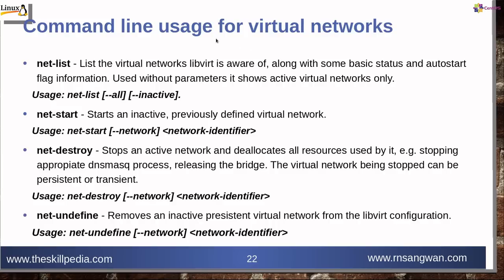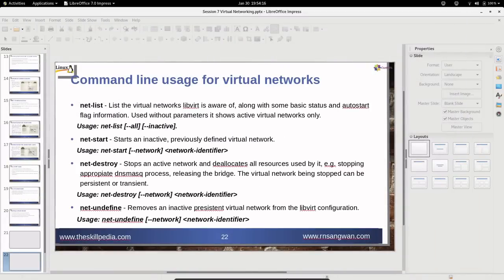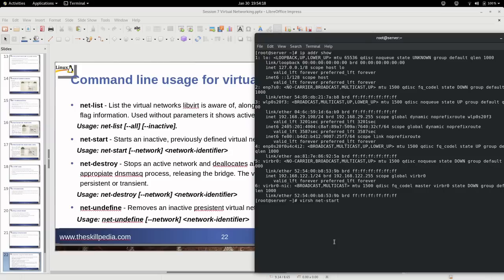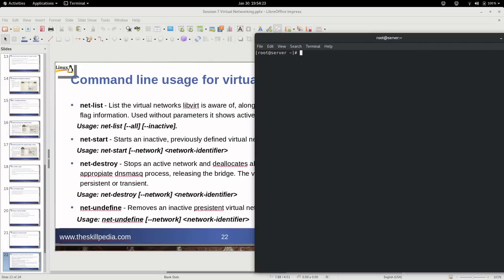The command line uses for virtual networks: virsh net-list. Let's see that, and let's open that interface also. Virsh net-list, net-destroy, these are all virsh specific commands. Let's open the network and see these commands. Virsh net-list will show me the default or active network.